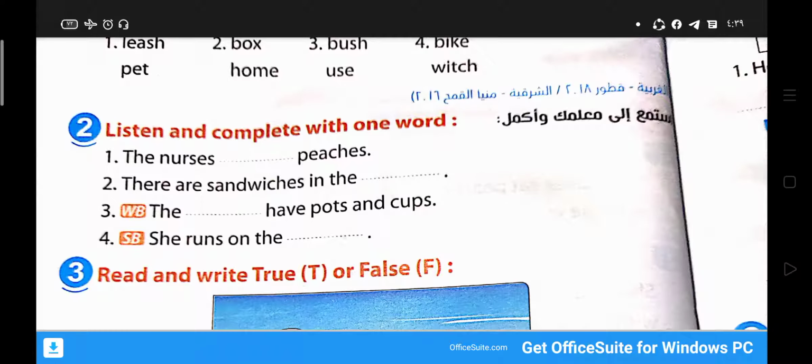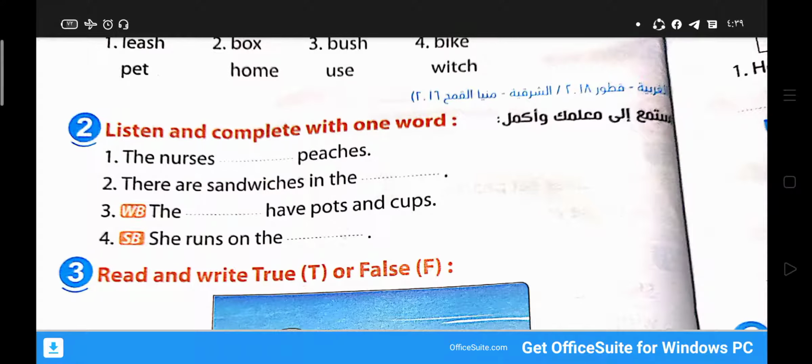Question number 2. Listen and complete with one word. Number 1. The nurses eat peaches. Eat, E-A-T. Number 2. There are sandwiches in the dish. Dish, D-I-S-H.